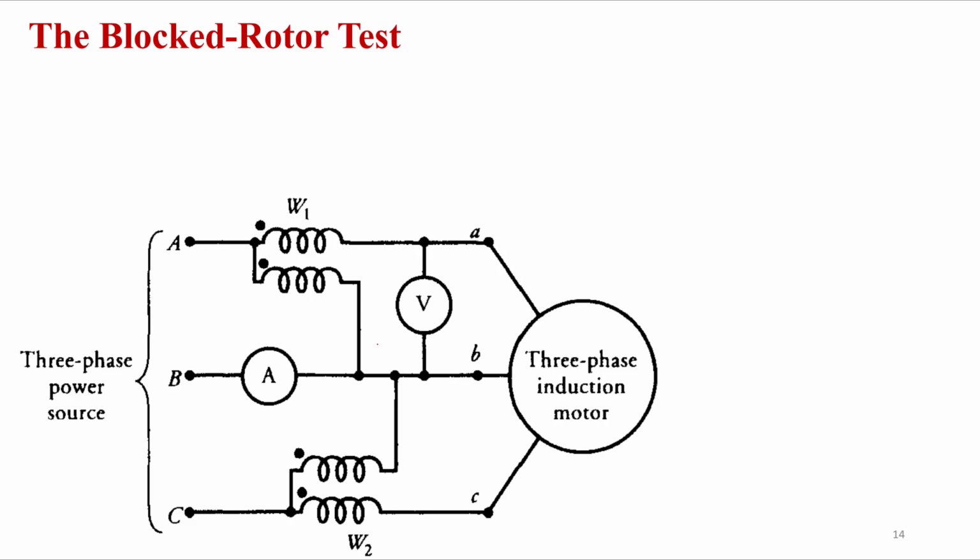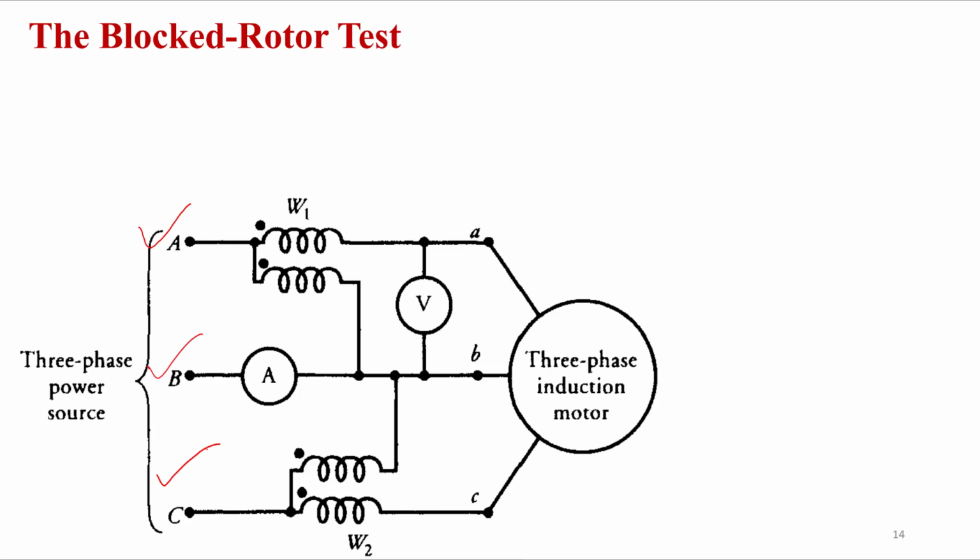You put a wattmeter, voltmeter, and ammeter, and first you block the rotor, it should not move. Then you apply the voltage in the three terminals by increasing it through the three-phase auto transformer.